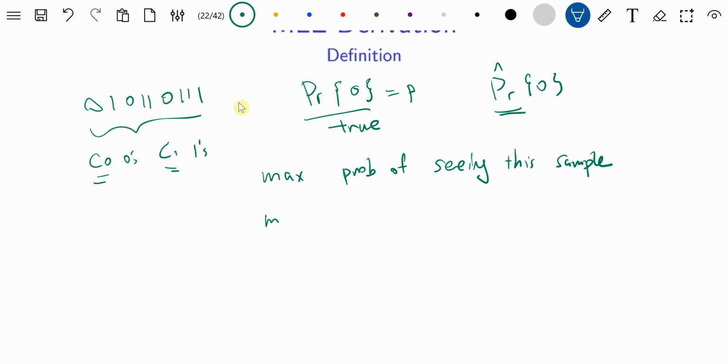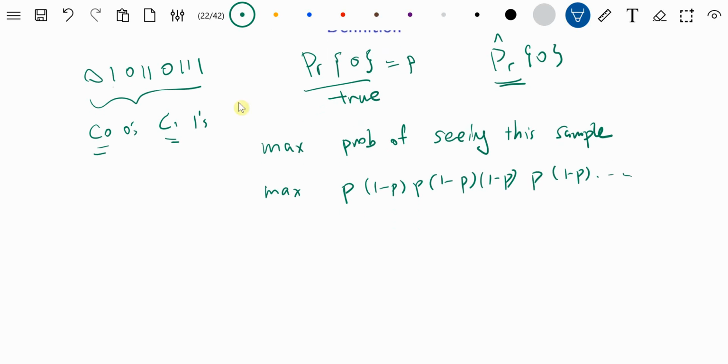So seeing the first zero has probability p, seeing the next one is 1 minus p, and similarly for the next ones and zeros, and so on. You just multiply them together, and we know that there are C0 zeros and C1 ones.